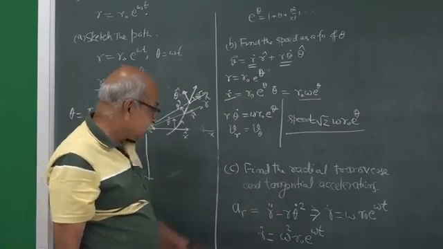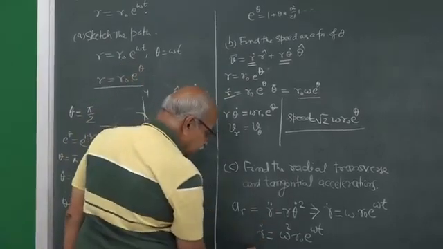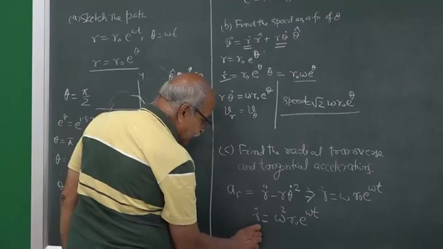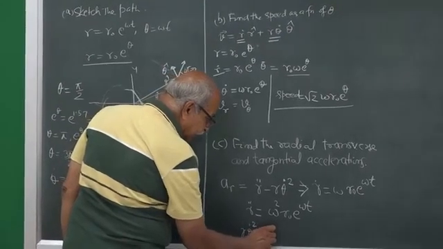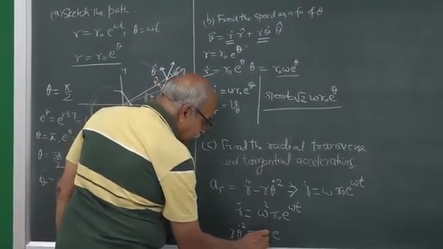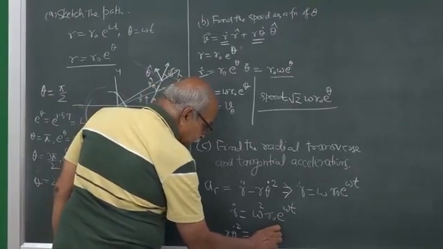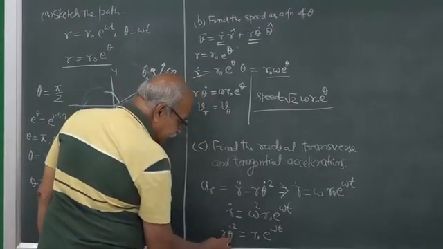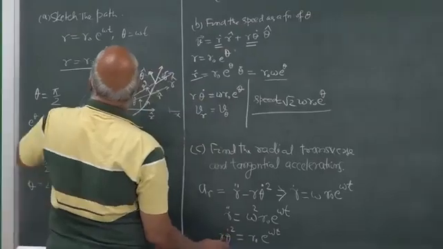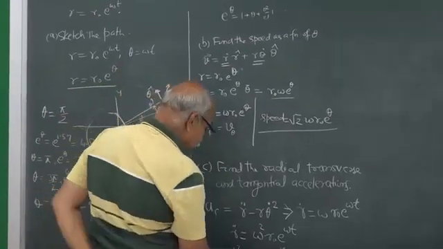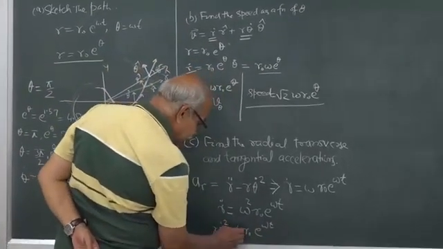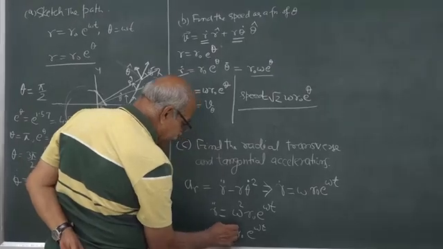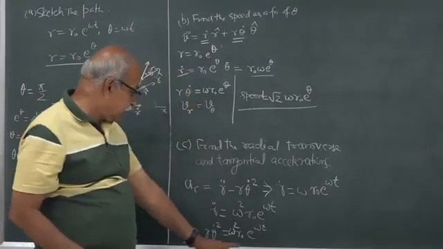And what is r theta dot square? r theta dot square means r naught into e to the power omega t, that is r. Theta dot is omega, so theta dot square is omega square. So, omega square r naught e to the power omega t.